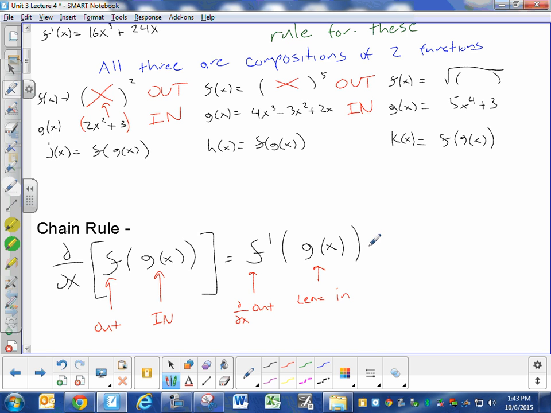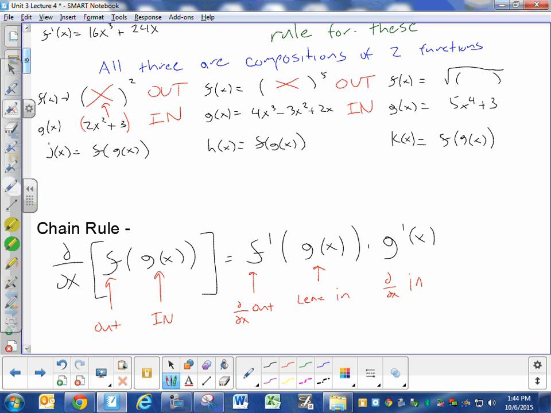And then we multiply by the derivative of the inside.